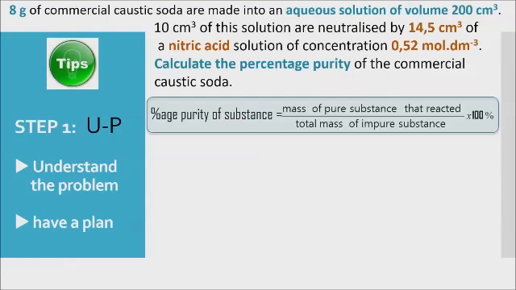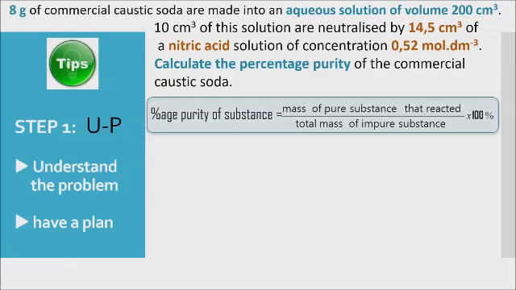That's proportion. 10 cubic centimeters of this solution are neutralized by 14.5 cubic centimeters of a nitric acid solution of concentration 0.52 moles per cubic decimeter. Calculate the percentage of the commercial caustic soda, and there is my formula for using it. That's correct.